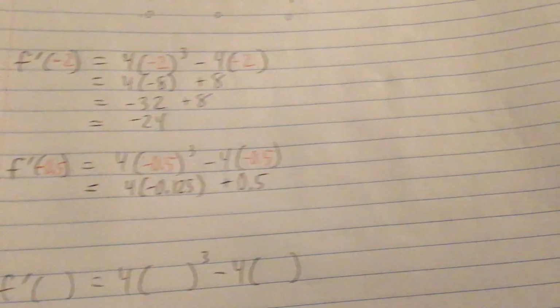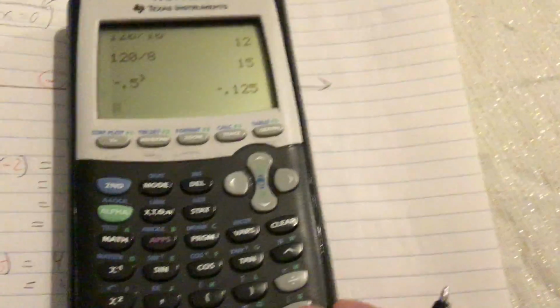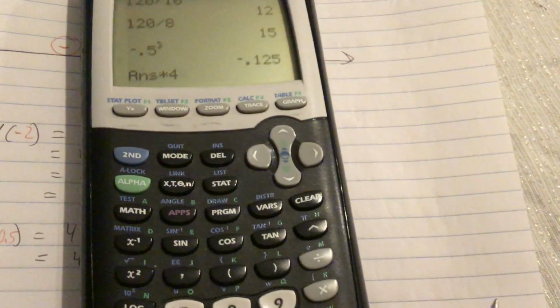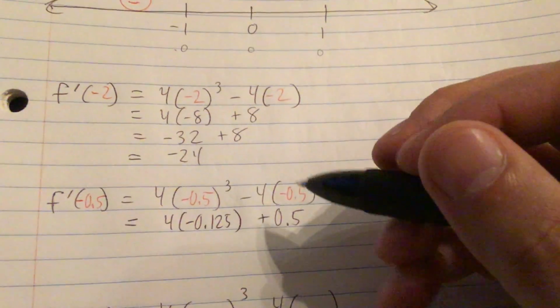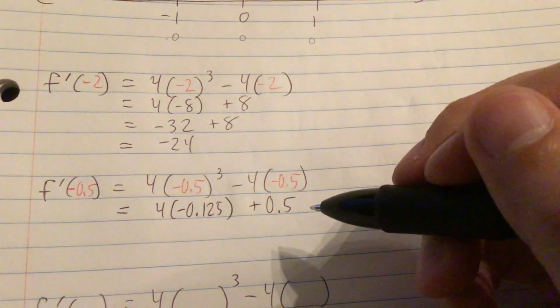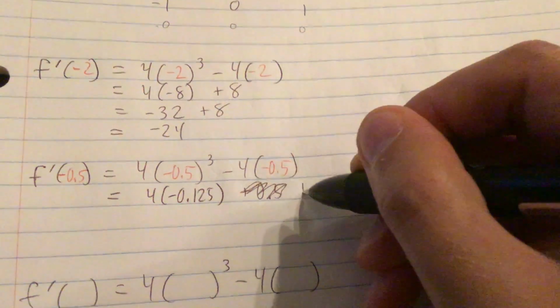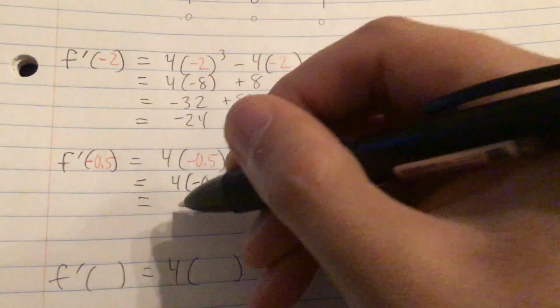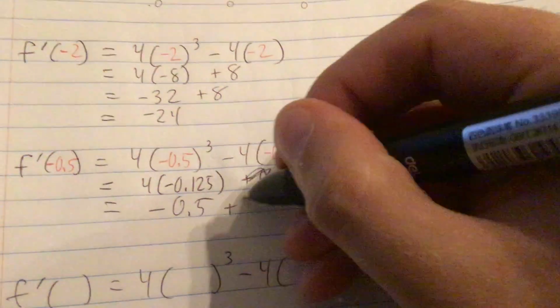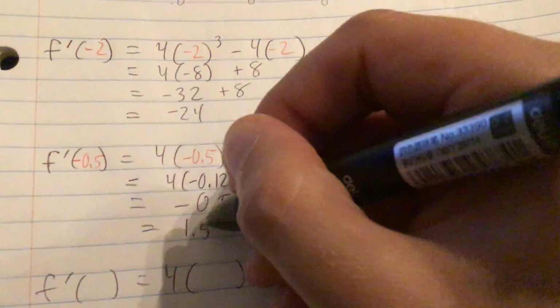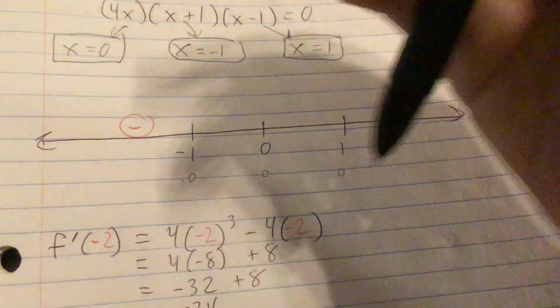But the idea is, if I were to multiply that by 4, I would get negative 0.5. Wait, hold on. Oh, wait, that's positive 2. I would get negative 0.5 plus 2, which would be 1.5, which would be positive.